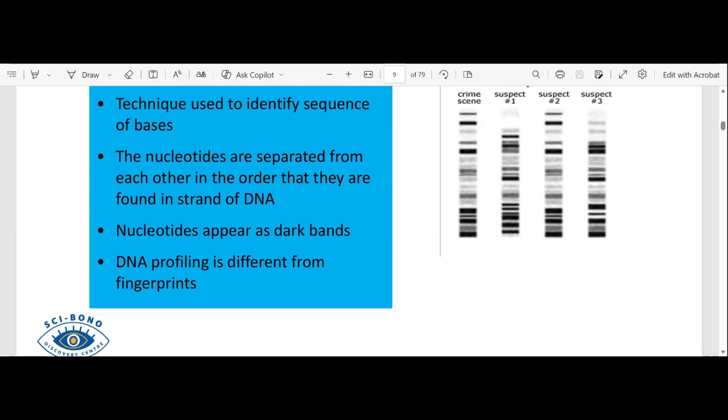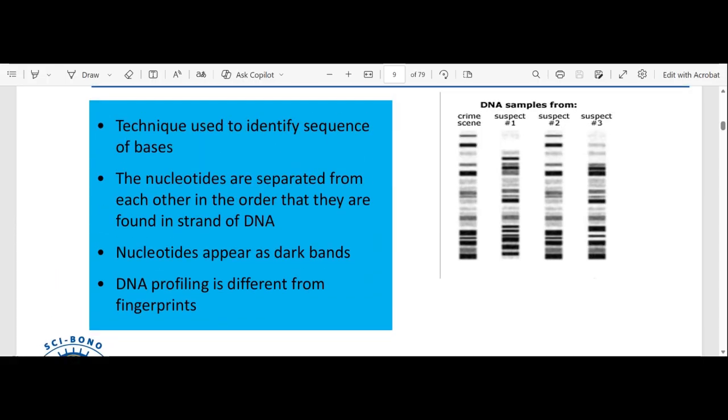DNA profiling is used to identify dead bodies, to identify relatives, to identify criminals, and also in paternity testing. There are a lot of uses for DNA profiling, but you just have to know 3 to 4 uses. You don't have to know most of them.